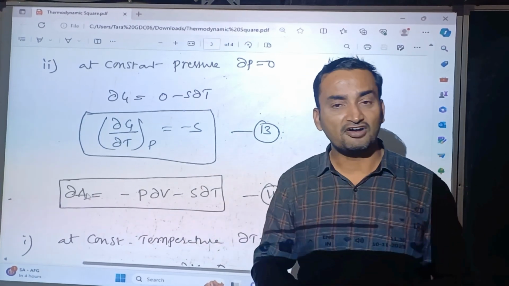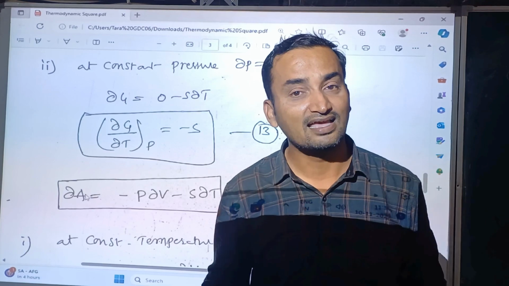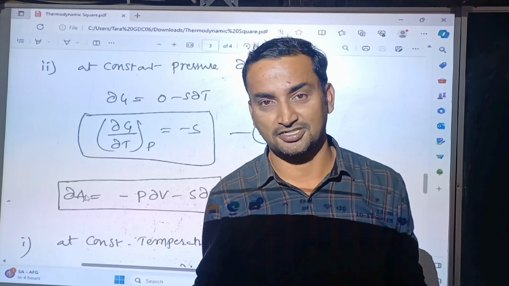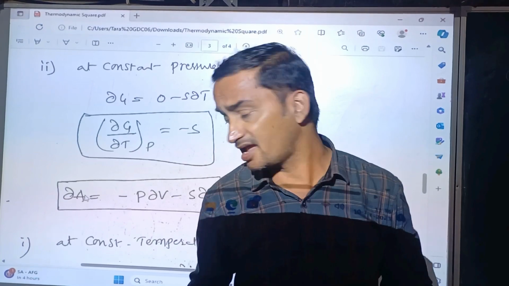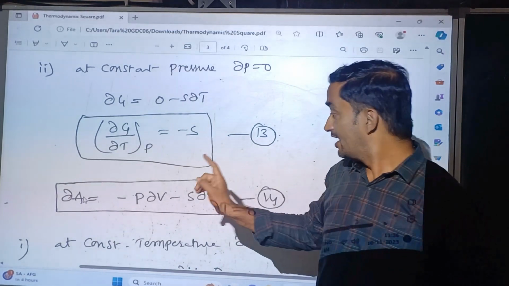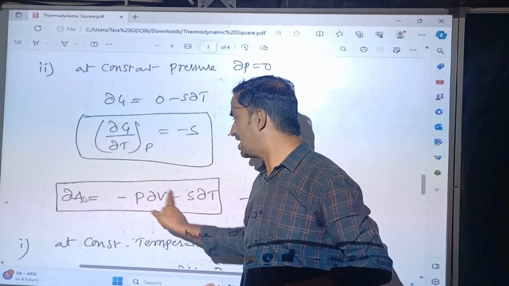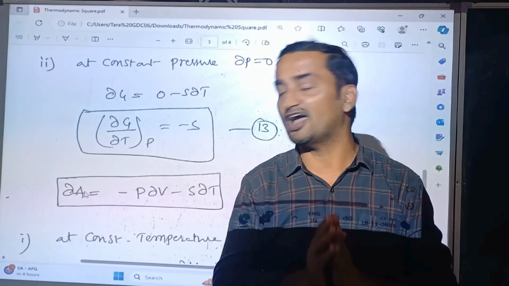Now another function, another thermodynamic potential, is also there, that is Helmholtz energy, denoted by A. For this also, if you look at the diagram, here you are going to get both minus values.